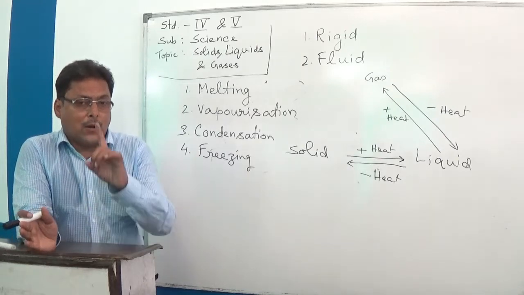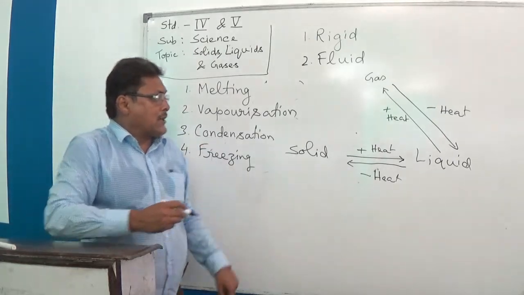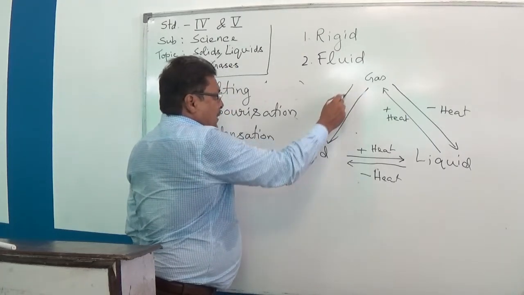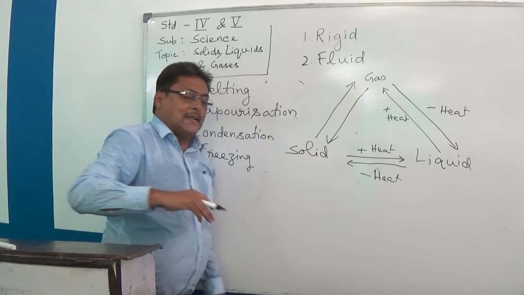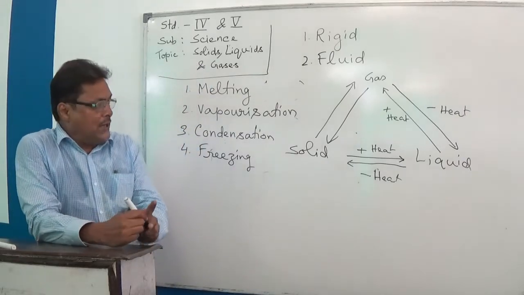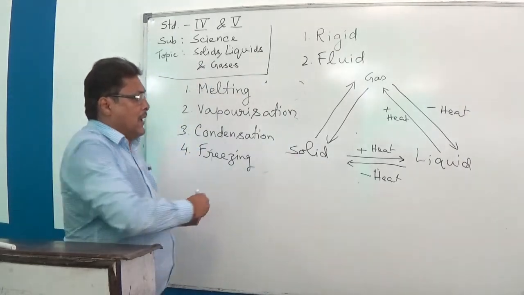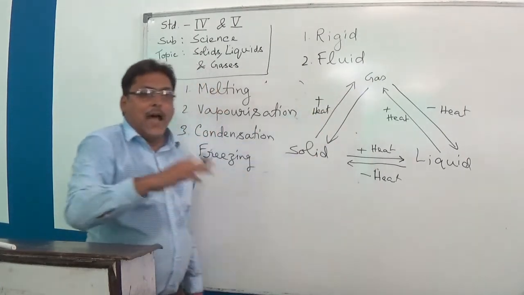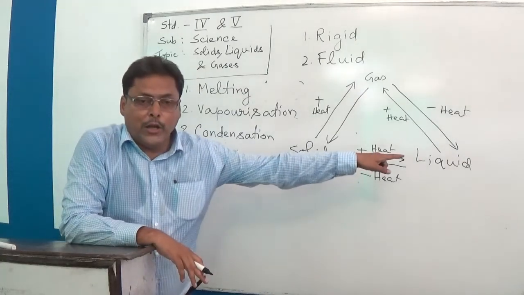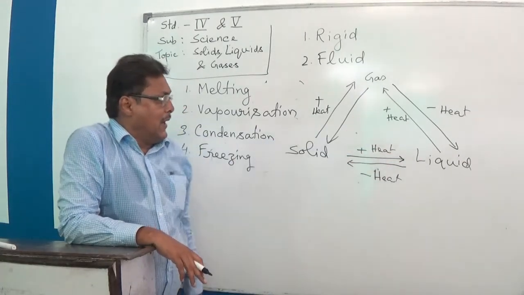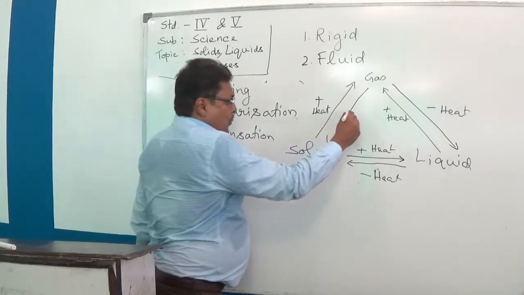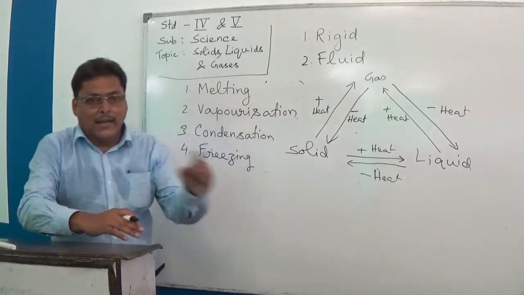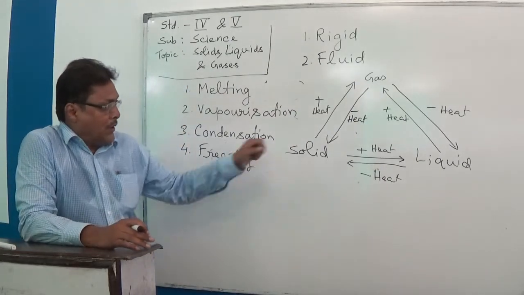You must have a question in it, and this question is obvious. Because this is a triangle, what about this triangle? Is there any process by which solids, if we add heat to solids, it directly becomes gas without going through the liquid stage? And is there some process also by which we cool down the gas and it does not become liquid but becomes solid directly?